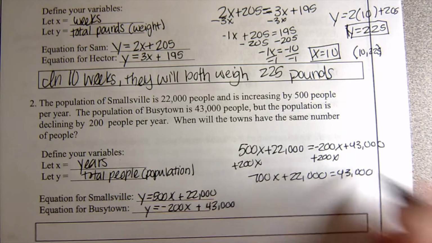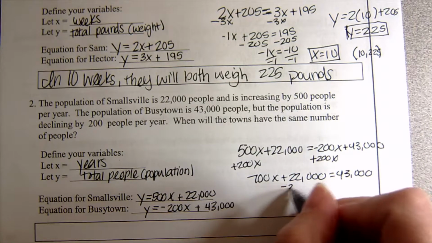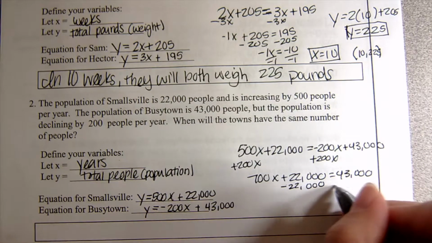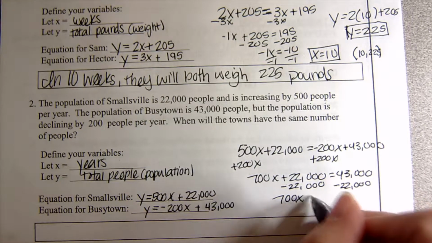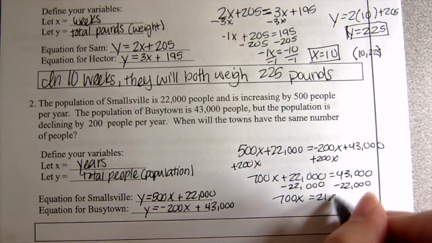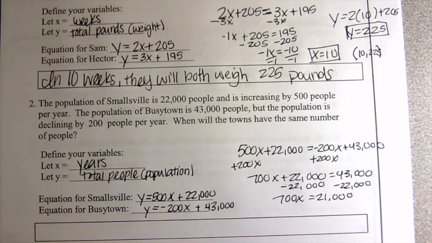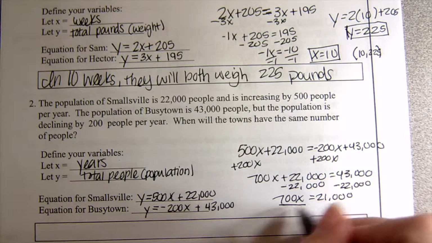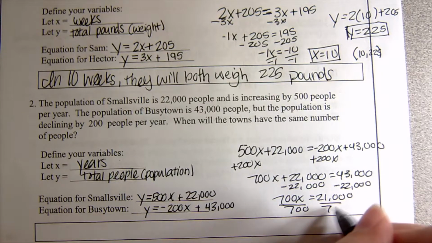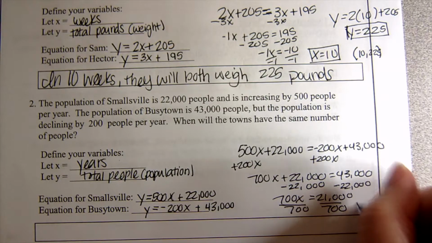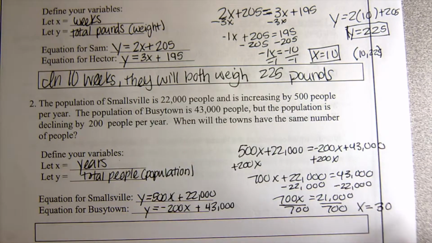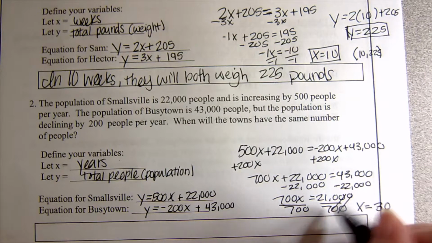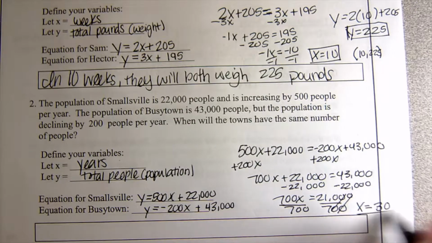And then you subtract 22,000 from both sides. So 700x equals 21,000. And then you divide 21,000 by 700. You can cancel out two of the zeros, and then it's 210 divided by 7. That's 30.